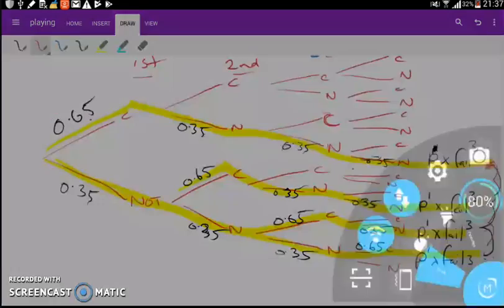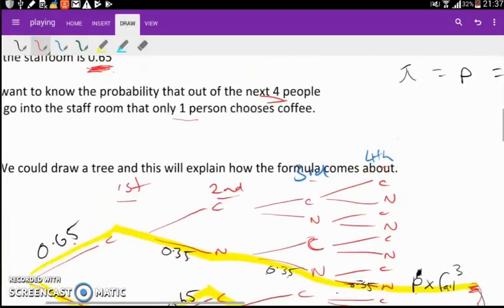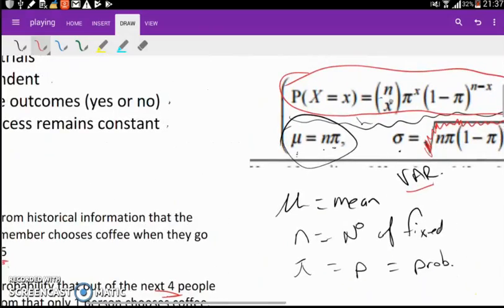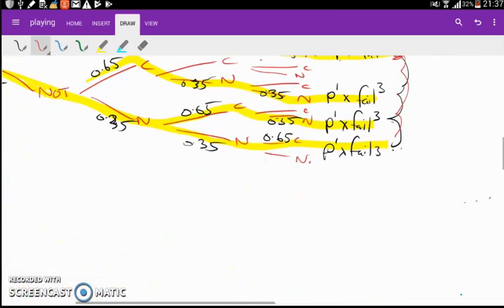So let's have a look at how the formula comes about. So the formula here says this little piece here. Now that's combinations, which we've just seen as 4. So we've got nCx. Now sometimes the formula, and it's more likely to see it written like this, combinations with n number of trials and x successes.